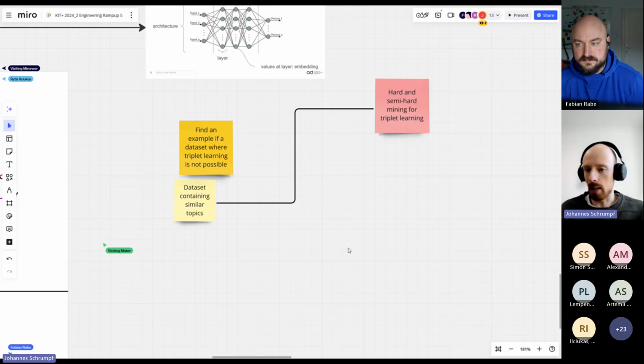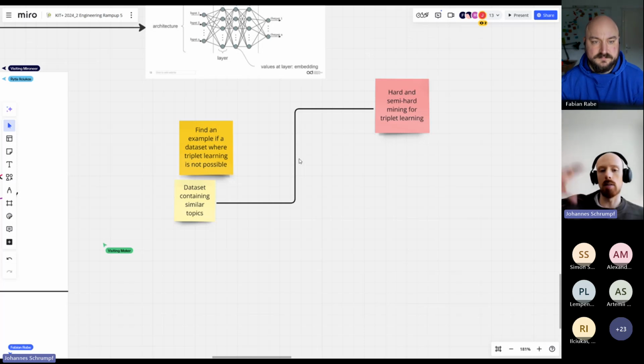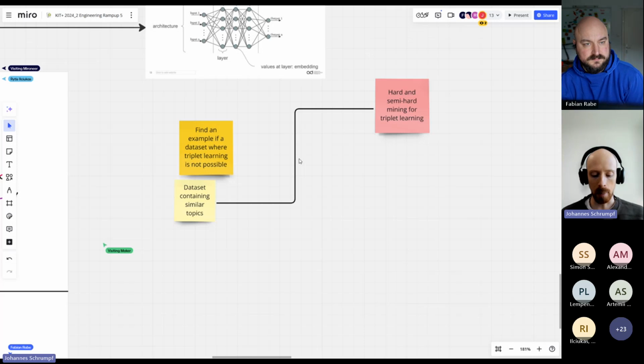For example, and I think Fabian, you suggested this either explicitly or implicitly, that if you have a training data set with a high degree of homogeneity, where all your documents are very, very similar, then you could augment your data set by downloading another text corpus.